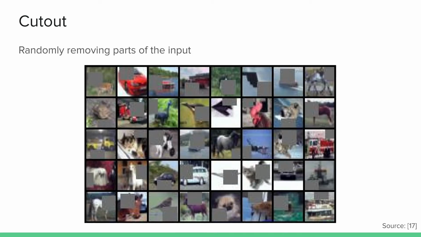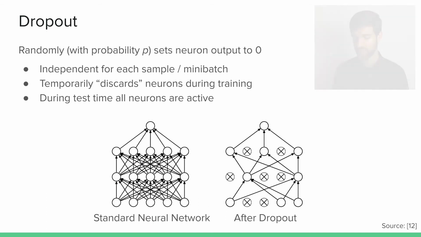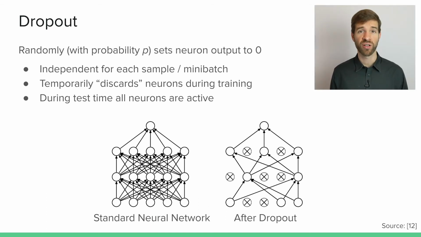Cutout is something that I think I mentioned before. So you can take, for example, for images, certain parts of your input and just remove them, set them to zero, and kind of make the network forced to be able to understand images, even though some parts of the images are hidden. Dropout is a very common regularization strategy that I think lost a bit of popularity over the last few years.